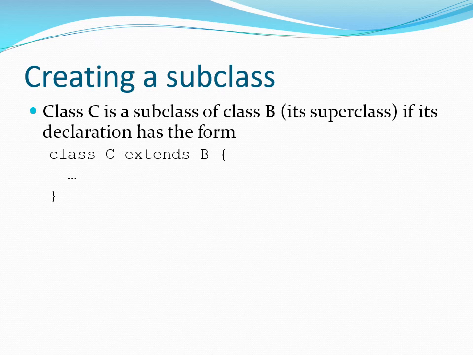When we use the keyword extends B, it means B has to be an existing class. If B is not there, then you will get an error. So when you write this code, this keyword extends, and give the name of an existing class, then C automatically becomes the subclass of the class B.